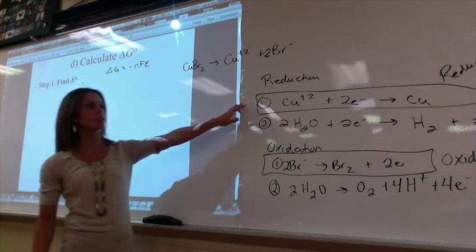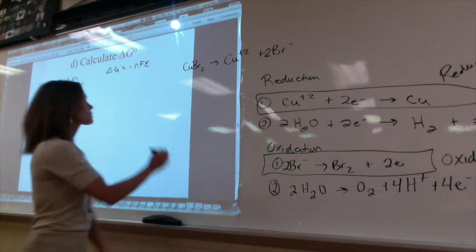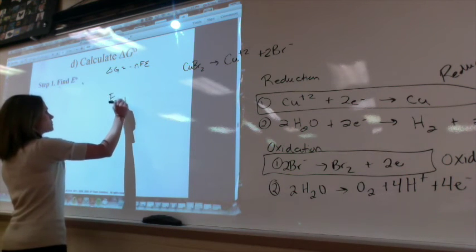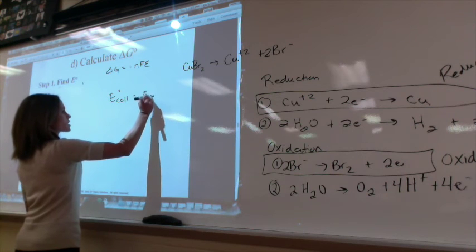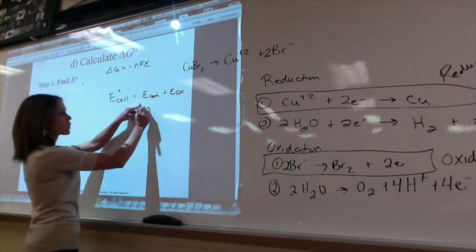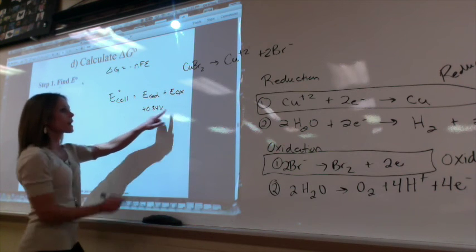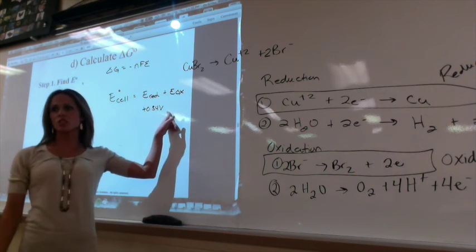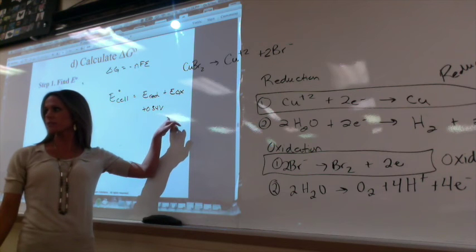So if this is my reduction reaction here, that's positive. So we're going to do E cell is equal to the E reduction plus the E oxidation. The reduction reaction is the positive 0.34 volts. We go back and we look at what was the reduction potential for the oxidation reaction.